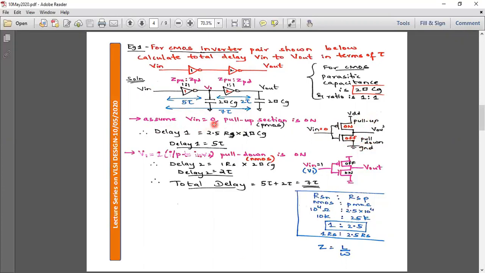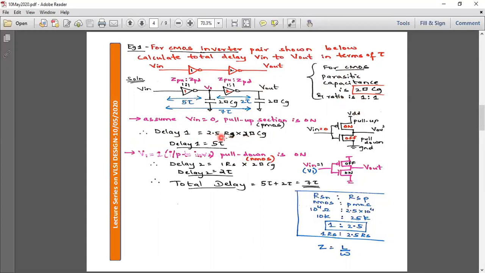As you know, the delay formula is sheet resistance Rs into Cg, and the parasitic capacitance for CMOS is 2 Cg.